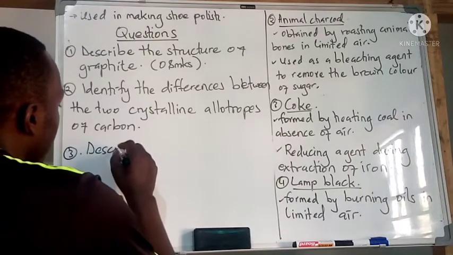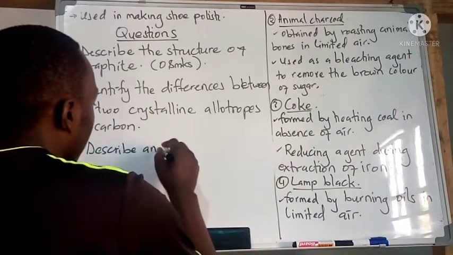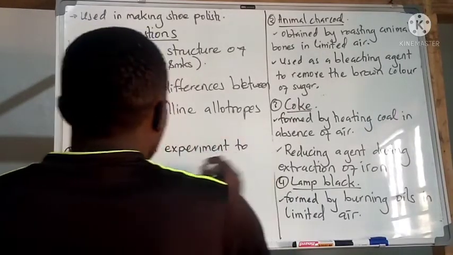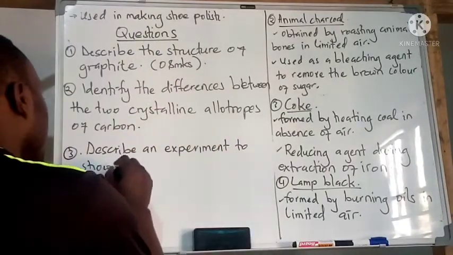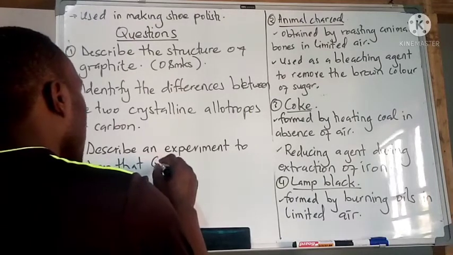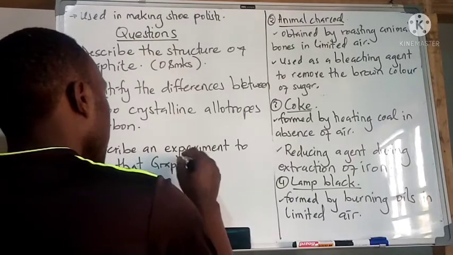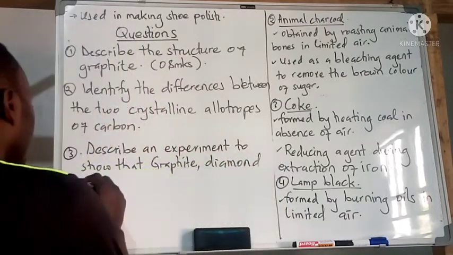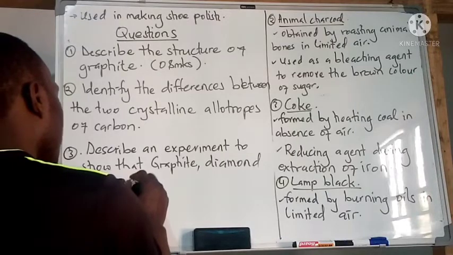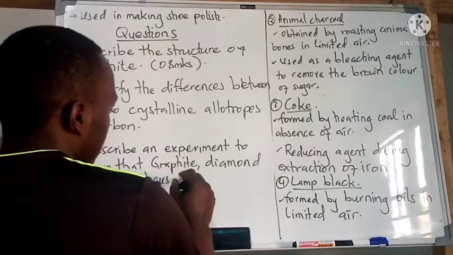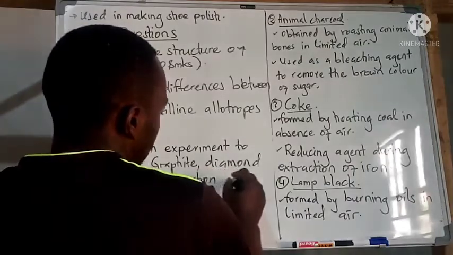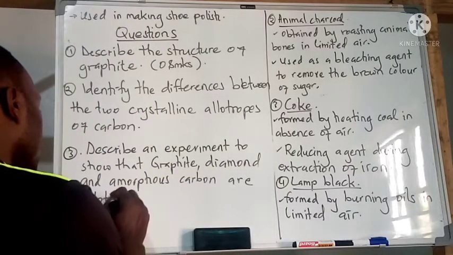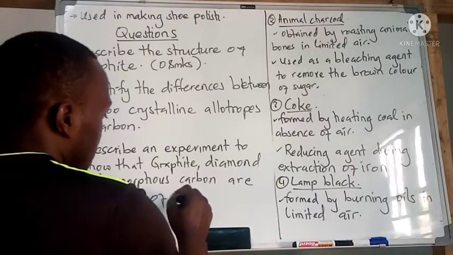Question number three is what I'm going to respond to. Describe an experiment to show that graphite, diamond, and amorphous carbon are allotropes of carbon.